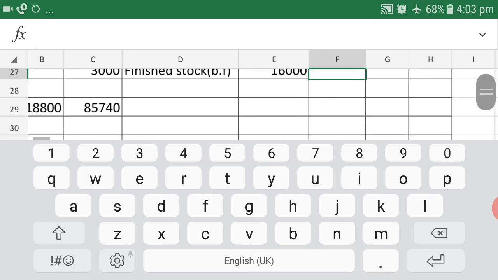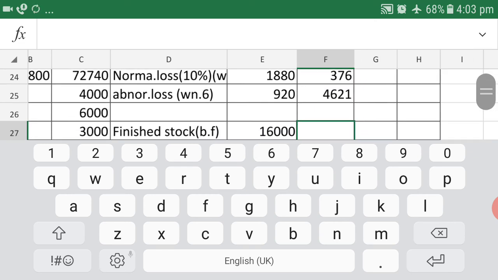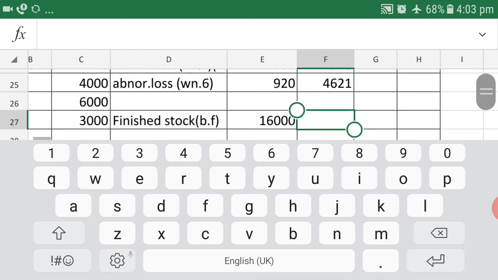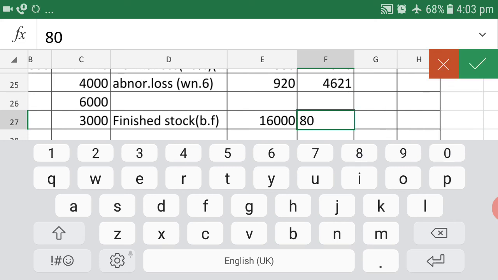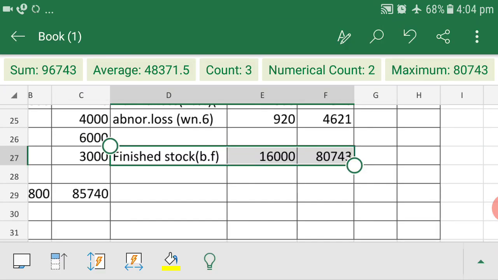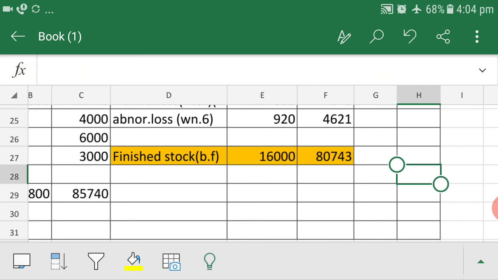Same like that, 85,740 rupees is on the debit side, and less 376 and 4,621 from the total of the debit side amount. We will get the net figure 80,743. So finished stock we got, this is the finished stock.